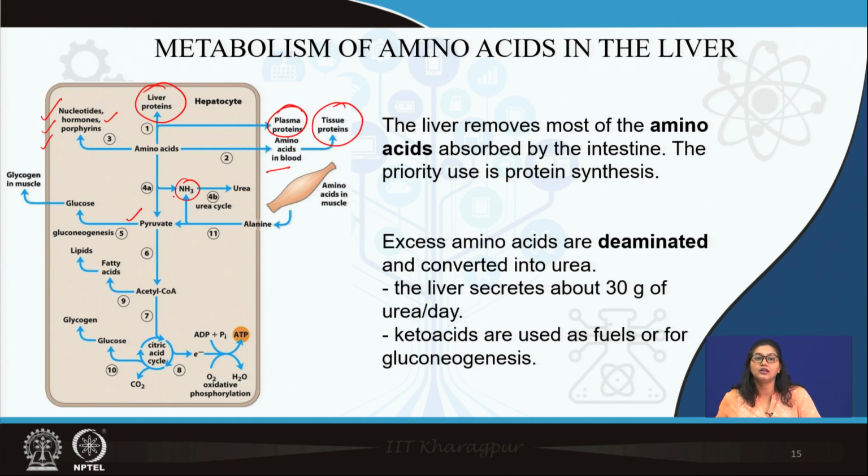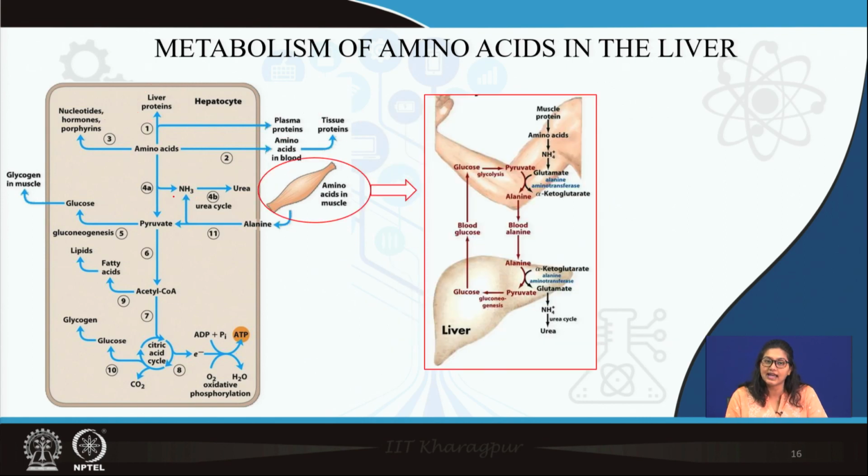Now remember one important cycle here: entry of amino acids can be not only from dietary amino acids, different organs can also provide amino acids to liver. One such very important organ is skeletal muscle.